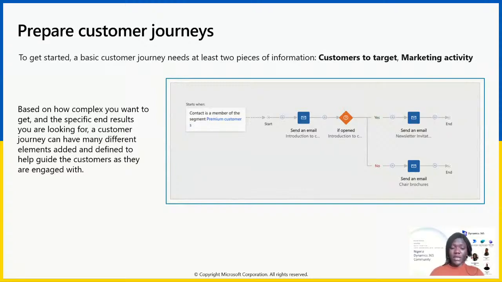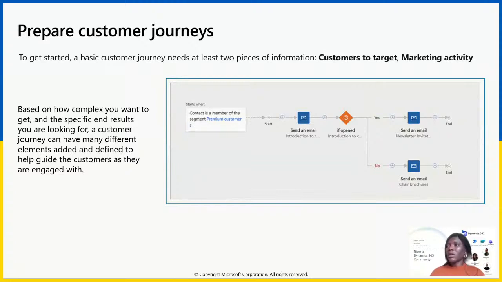You must specify them, and you can specify them by the segments. So you have a segment already created, and we said the segment is a group of related contacts based on certain attributes, like we said, demography, firmography, customer behavior, and all that.